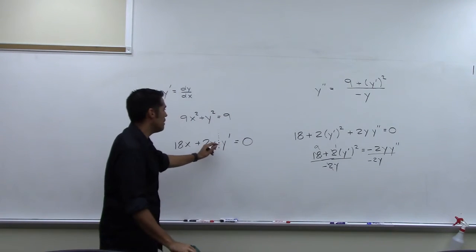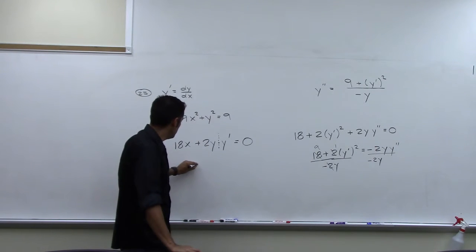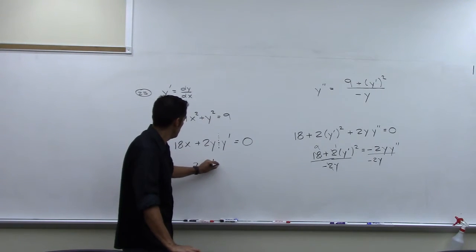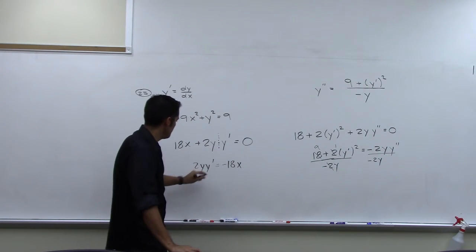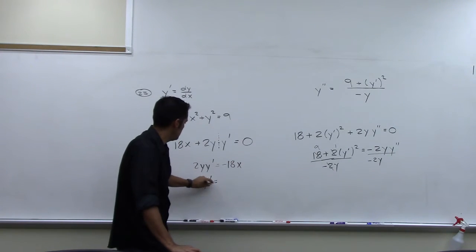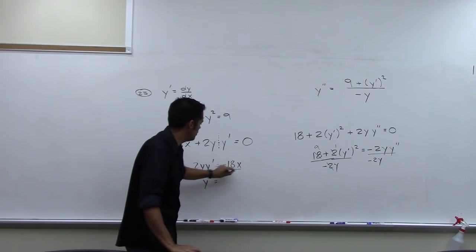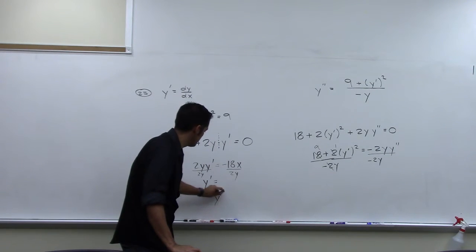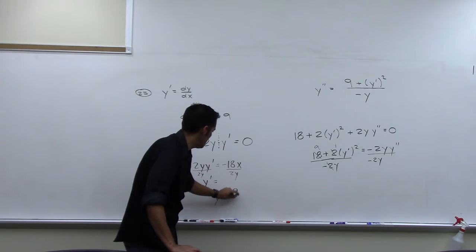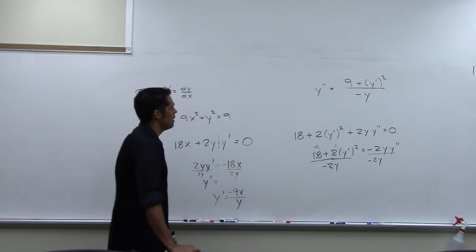Let me do this. Let's solve for y prime on this one so we can plug it in up there. If I solve for y prime, I get 2y y prime equals negative 18x. I'm moving the 18x to the other side. If I divide by 2y, I get y prime equals negative 9x over y.